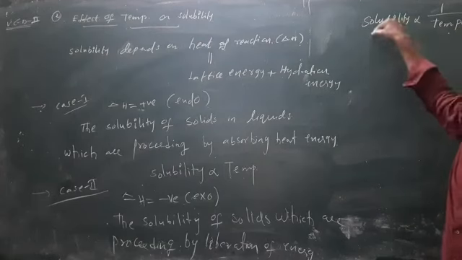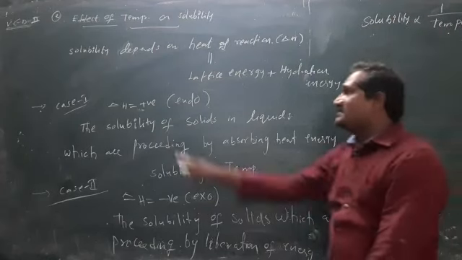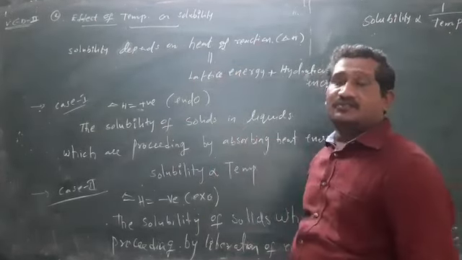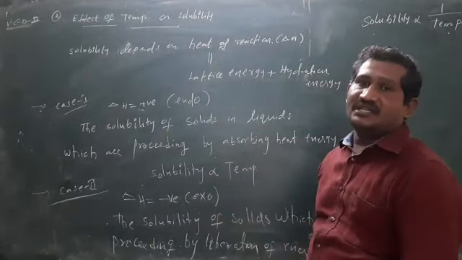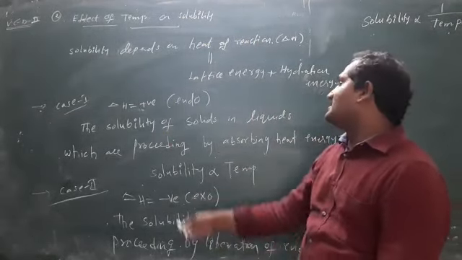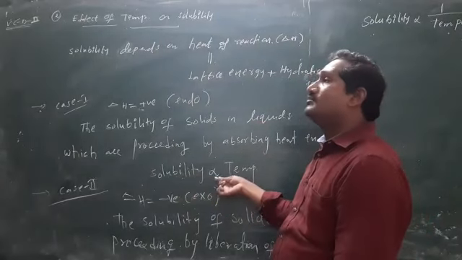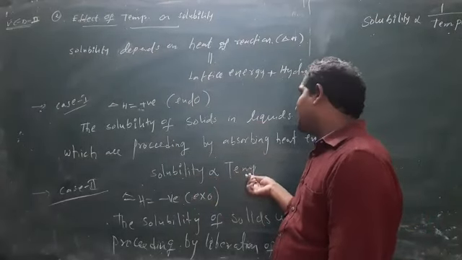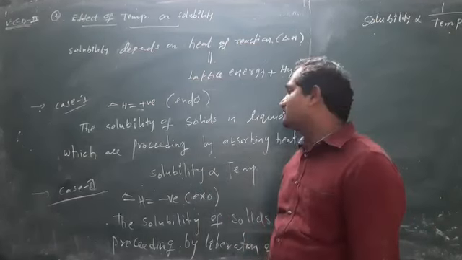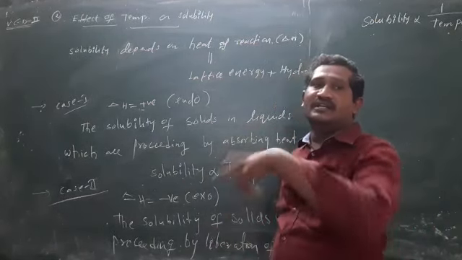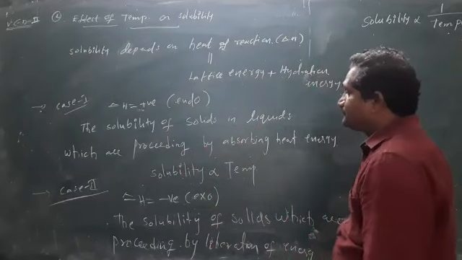Temperature decreases, solubility increases. What about case one? The solids which dissolve by absorbing energy, for those solids, solubility is directly proportional to temperature. By increasing the temperature, solubility increases. These are the salts which are soluble on heating.